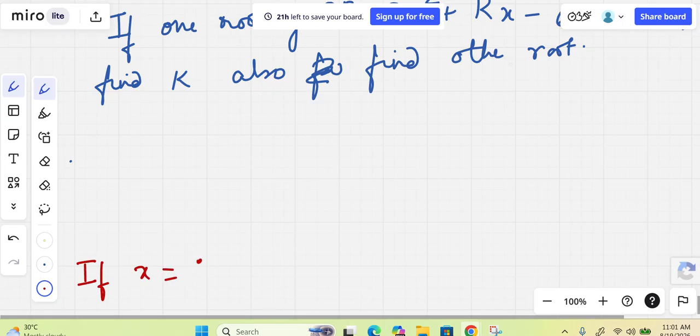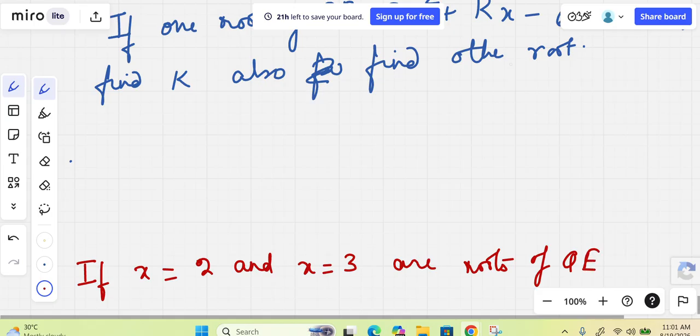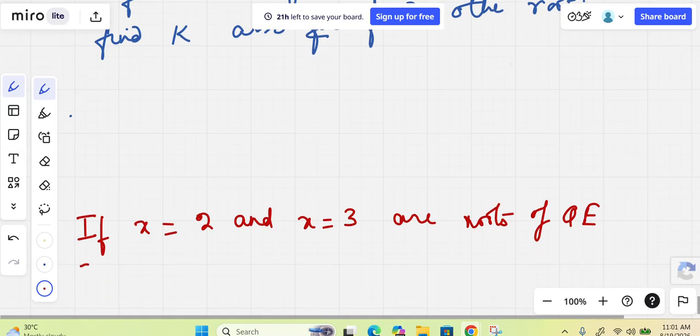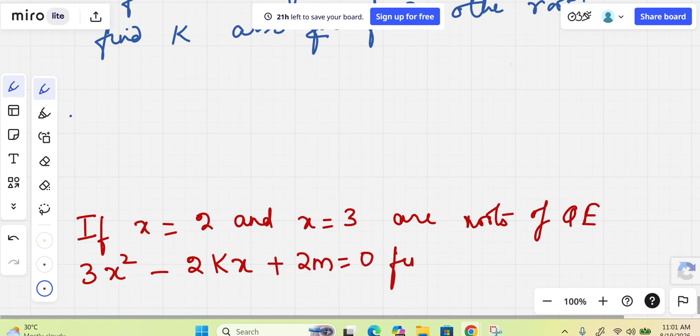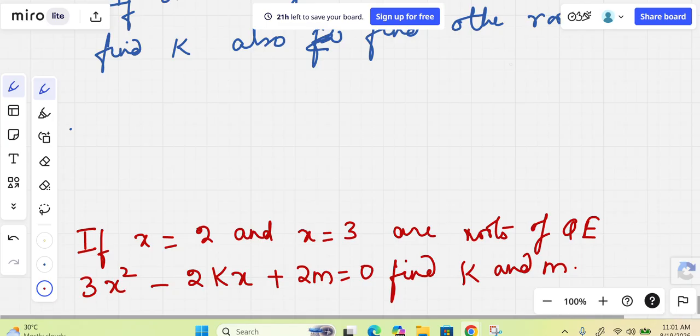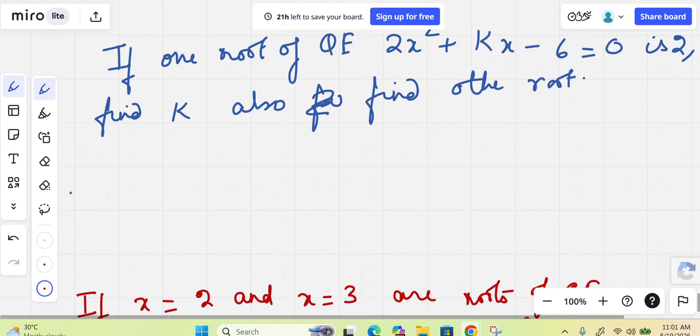Sometimes two values of x are given, x equal to 2 and x equal to 3 are roots. No, you do the previous one. This I'm writing for the next question. Do it, okay? Tell me the value for both. Speed up.